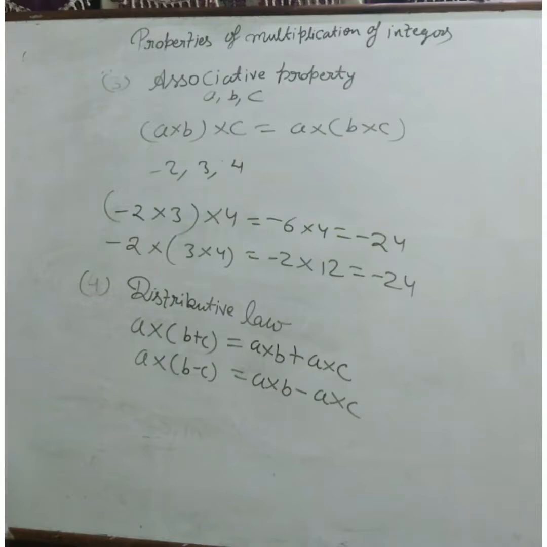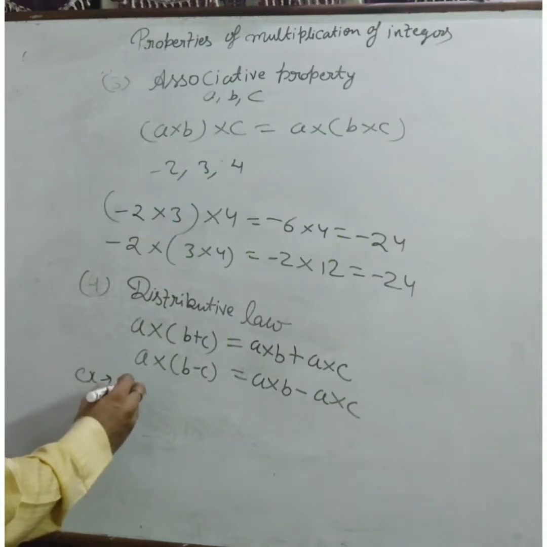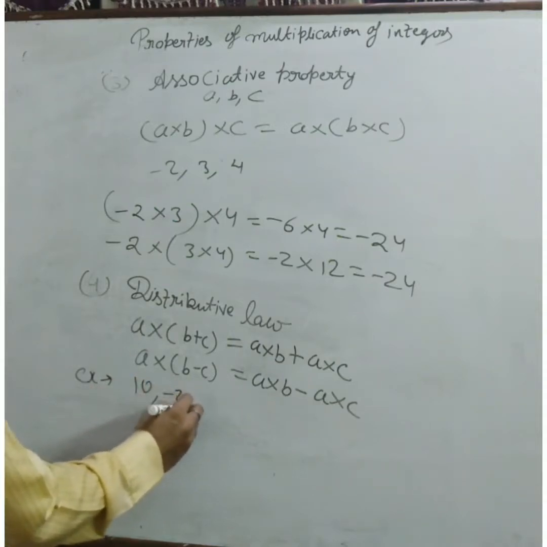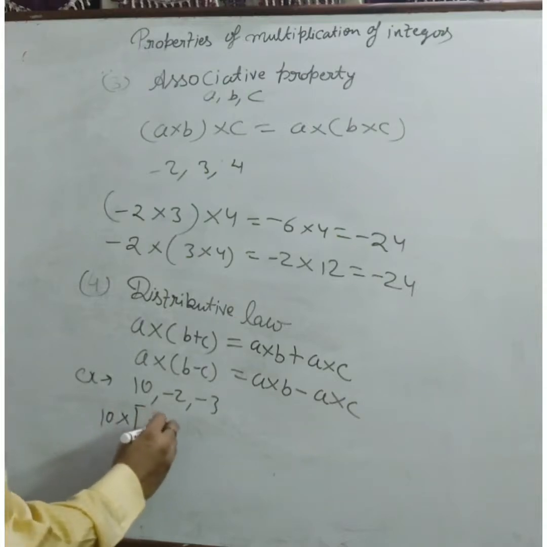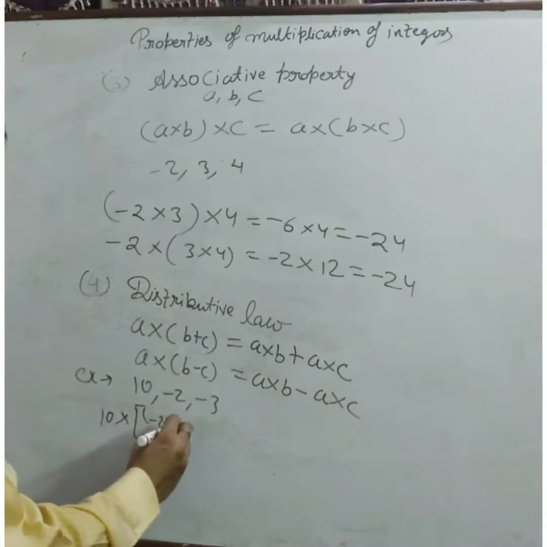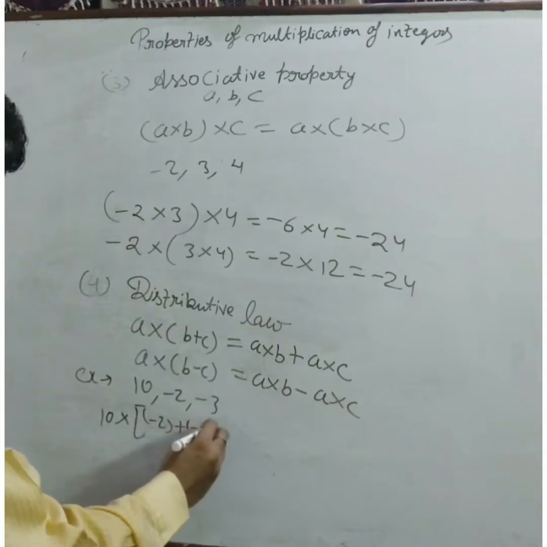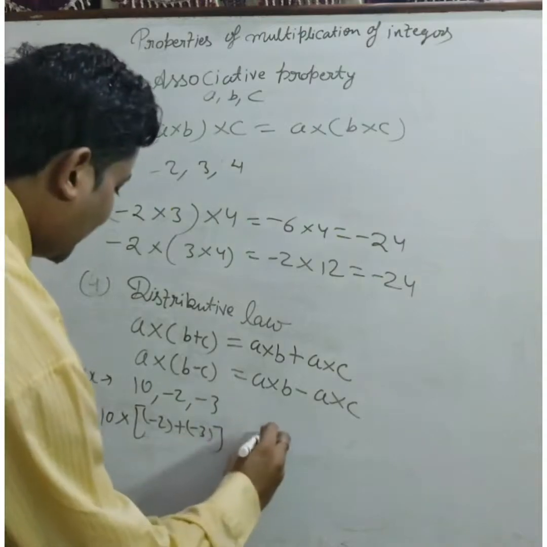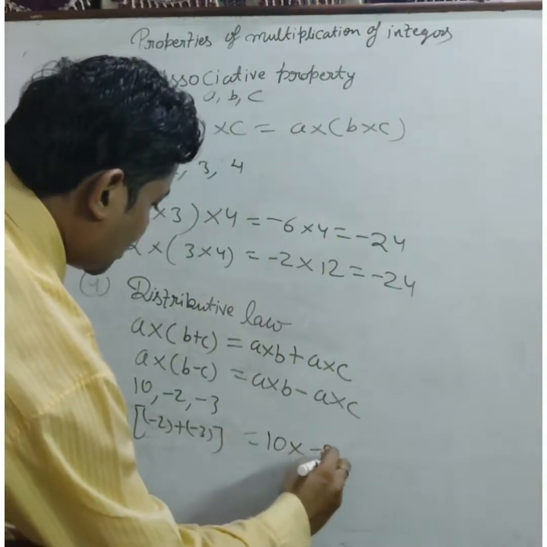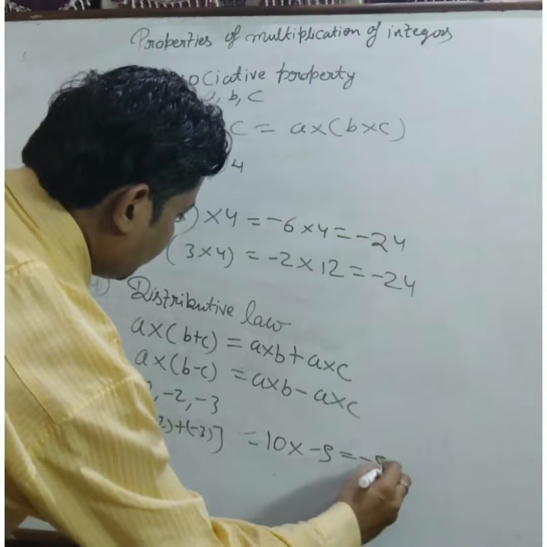For an example, the three numbers are 10, -2 and -3. Then 10 multiply (-2 plus -3). If you solve it, then 10 multiply -5 is -50.